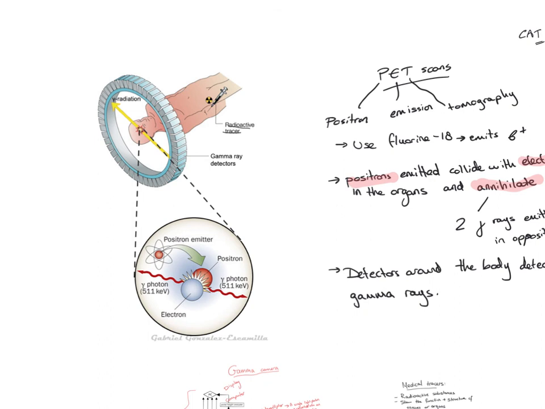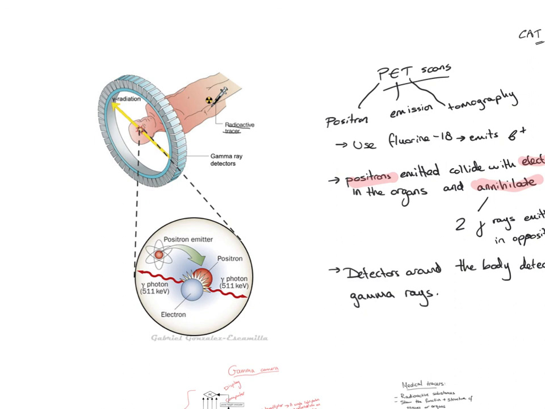Also, the radio tracers they use have a very short half-life, so the patient is not exposed to radiation for a long time. However, since it's a very short period of time that the radio tracer is active, there's only a very limited amount of time that the patient can be scanned.